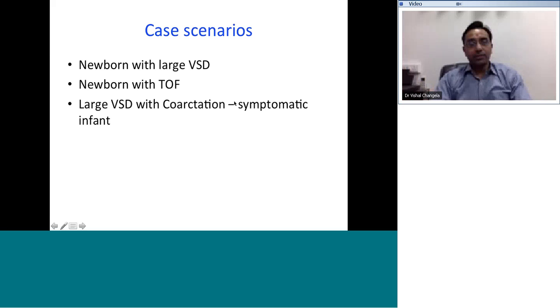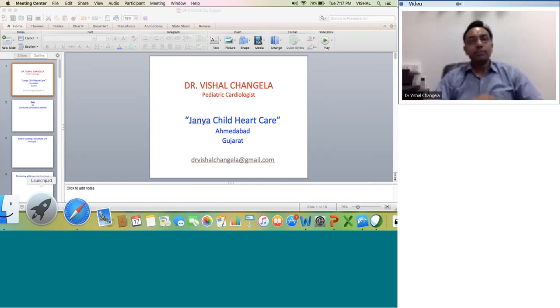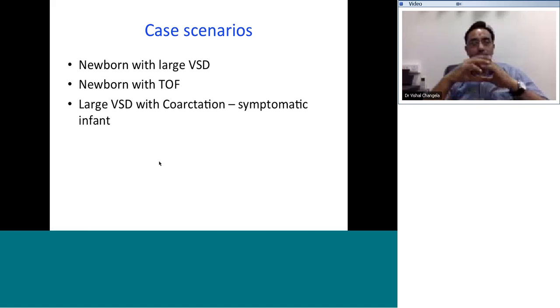Okay, patient with large VSD and coarctation. Symptomatic infant. What do we give? Large 7 mm perimembranous VSD, severe coarctation of aorta. Dr. Mirza, we don't give Enalapril to these children because there is a coarctation of aorta. We are not talking about surgery, Dr. Ghosh.